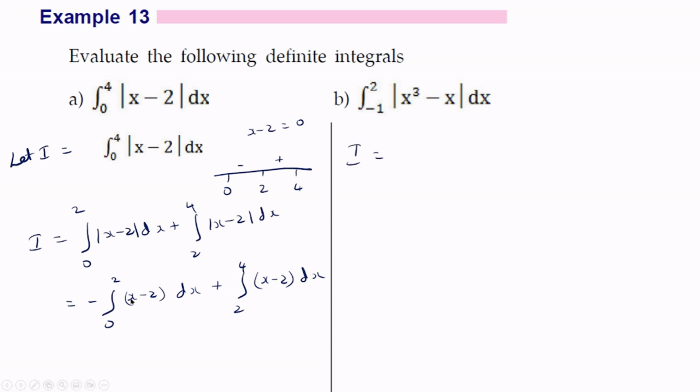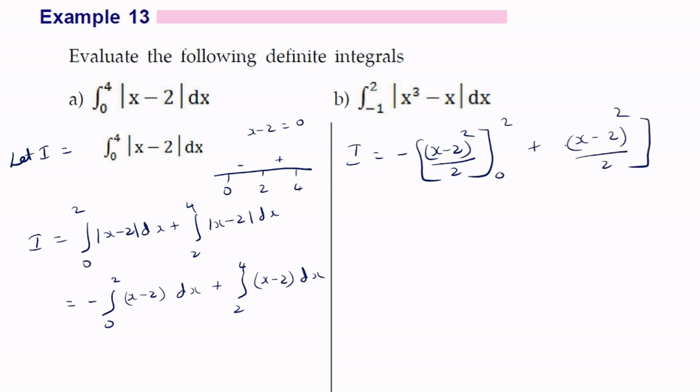So here integral 0 to 2 (x minus 2) dx is (x minus 2) the whole square by 2 with the limits 0 to 2, plus (x minus 2) the whole square by 2 with the limits 2 to 4. When we substitute the upper limit, it is 2 minus 2, 0, and when we substitute the lower limit, 0 minus 2 the whole square is 4 by 2, which is 2.